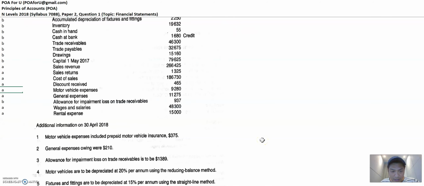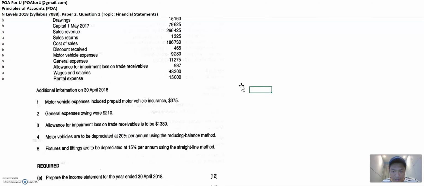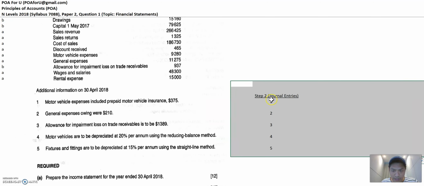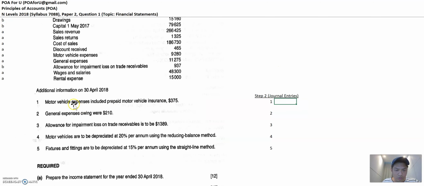Okay, the next step is to look at this additional information section, and we go into journal entries. Motor vehicle expenses include a prepayment. So out of this motor vehicle expense of 9,000 plus, there is a prepayment of 375. Prepayment is an asset, right?